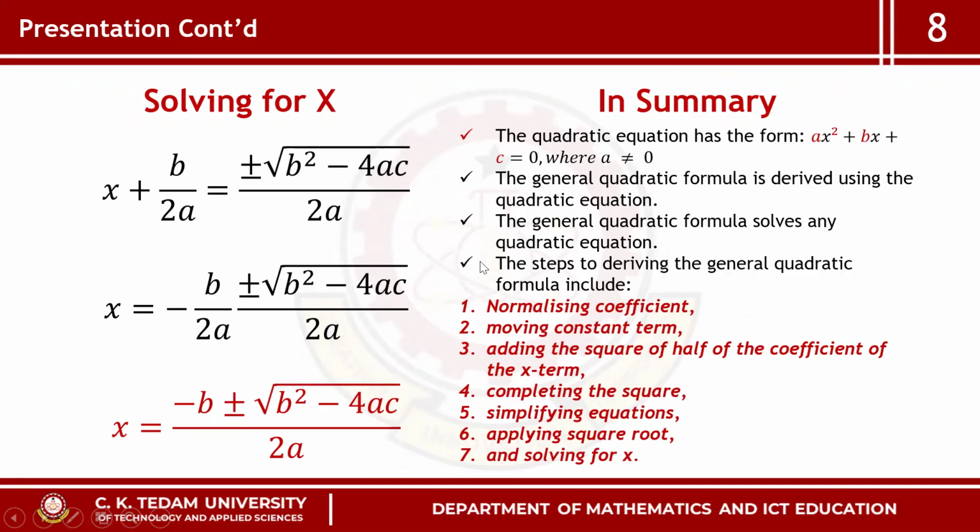We also said that the general quadratic formula can solve any quadratic equation because it is derived from the quadratic equation. The steps to deriving the general quadratic formula include normalizing the coefficient, which we saw, moving the constant term to the other side of the equation, and adding the square of half of the coefficient of the x term, which we have just seen for today.